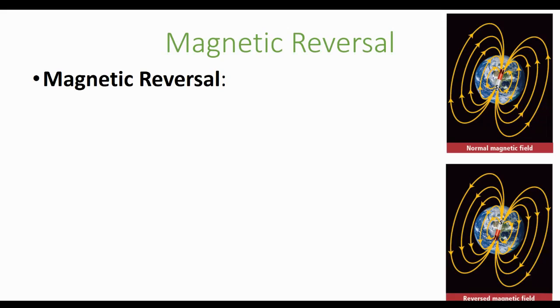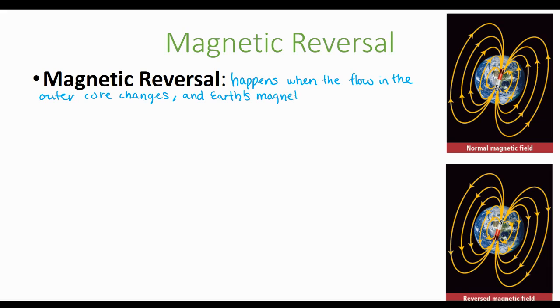A magnetic reversal happens when the flow in the outer core changes, and that makes Earth's magnetic field change direction.